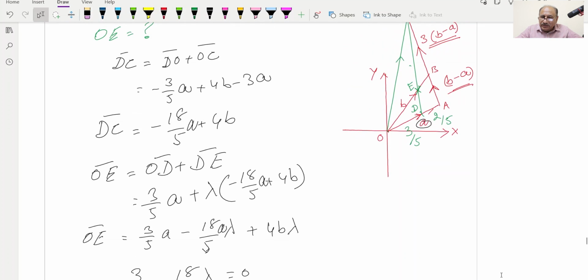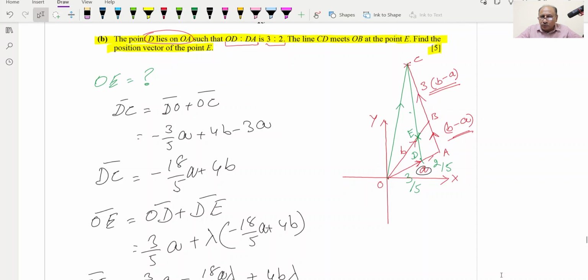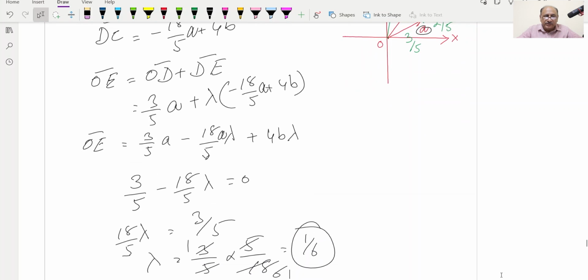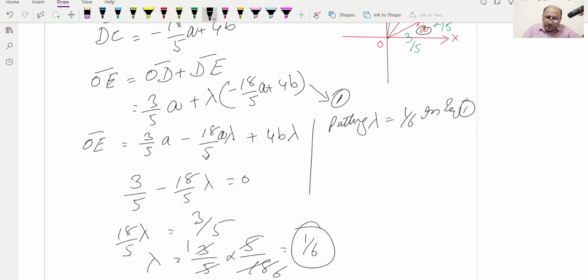So DE will be the sixth part of DC. Now this lambda value we will put in this equation, which we name as equation 1. So putting lambda equal to 1 over 6 in equation 1, we will get what?